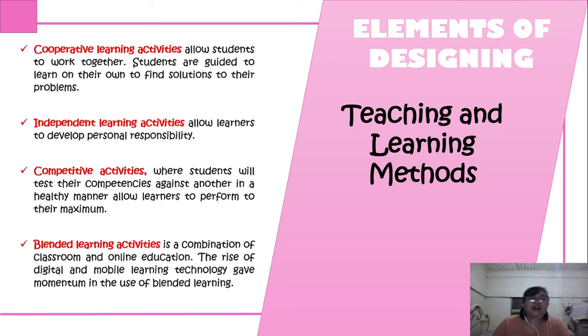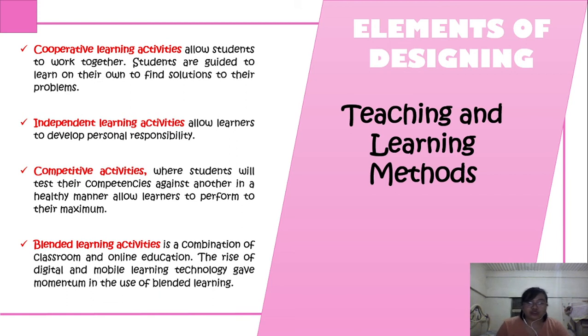Lastly, we have the blended learning activities. It is a combination of classroom and online education. I know that you are very much familiar with this. The rise of digital and mobile learning technology gave momentum to the use of blended learning. It is where the students learn via electronic and online media together with traditional face-to-face teaching.